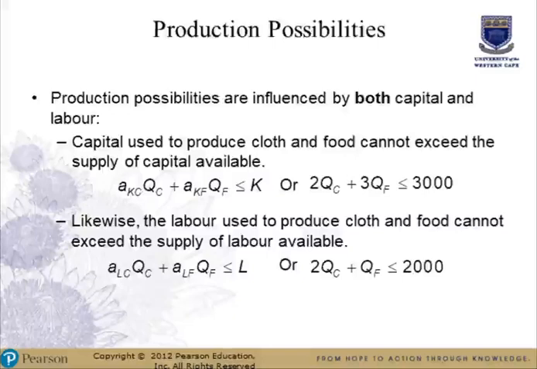Likewise, in terms of labor, the labor used in the production of both cloth and food should not exceed the total labor supply. Using these constraints, we can derive the production possibility frontier given that the economy produces both goods subject to these constraints.